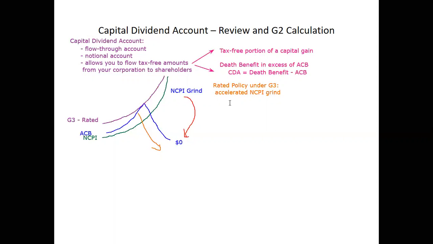Arguably, it might be worth it for this person to re-underwrite in order to move over to the new regime and bump up that CDA credit. Okay. Any questions there?